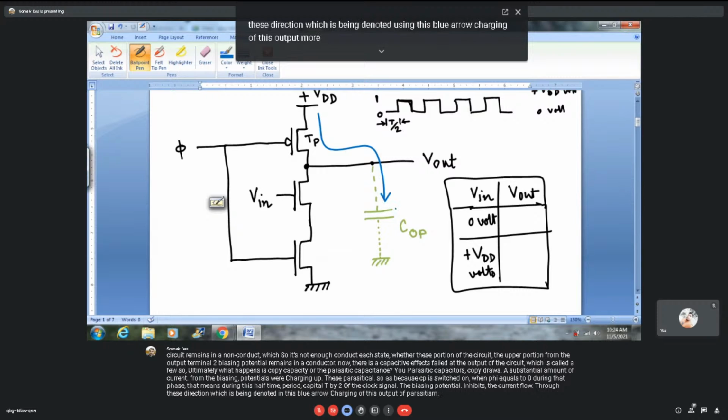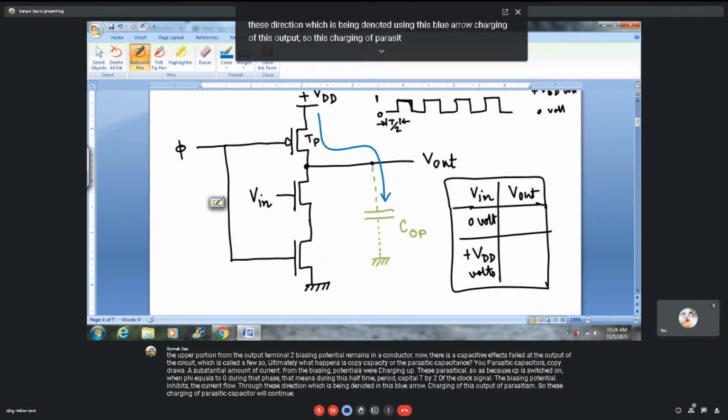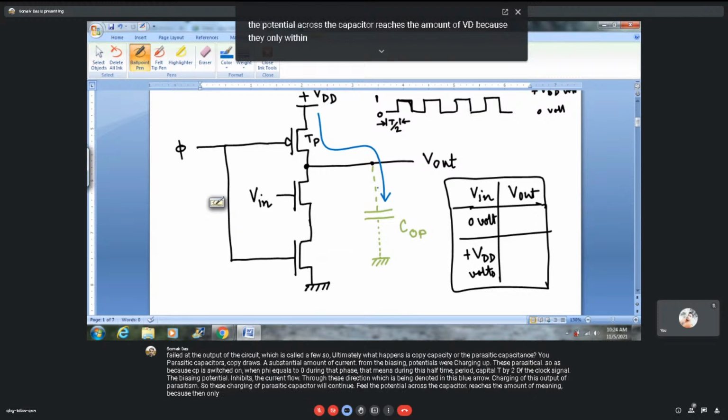This charging will continue till the potential across the capacitor reaches VDD, because only then will both ends of this conductive path remain at the same potential and the current flow stop.